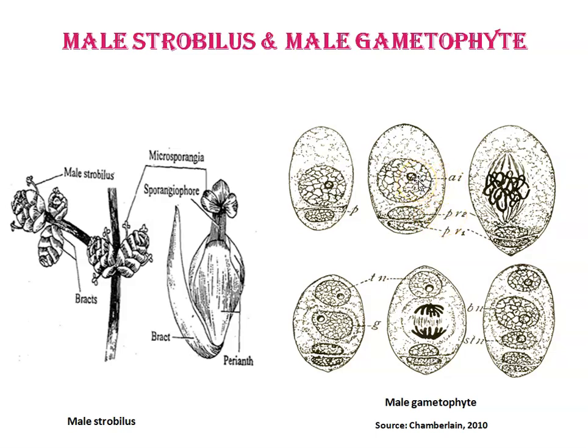Then this antheridial initial divides. This is a diagram showing division of the antheridial initial. The initial then divides, forming a tube nucleus and a generative cell. Just look at this diagram. The generative cell divides to form the nuclei of the stalk cell.